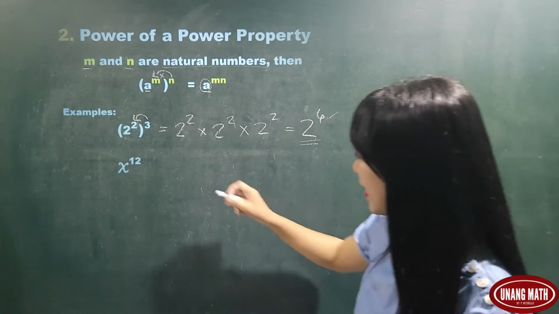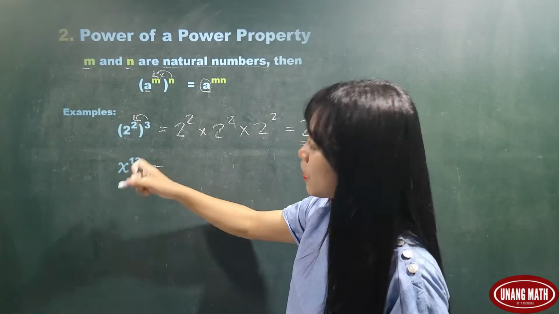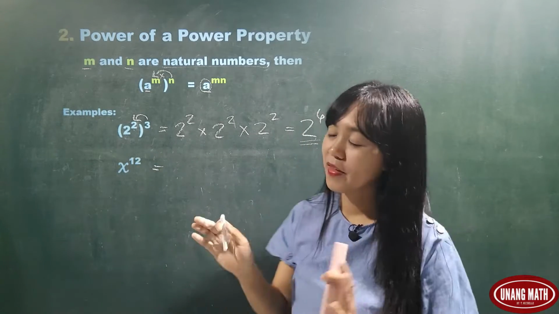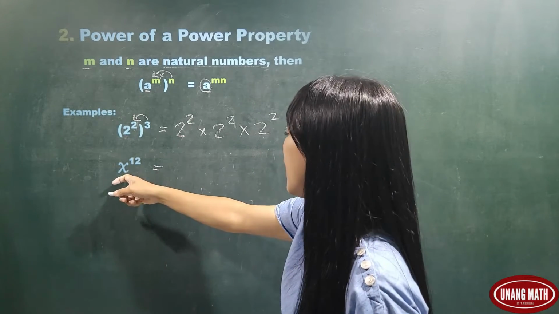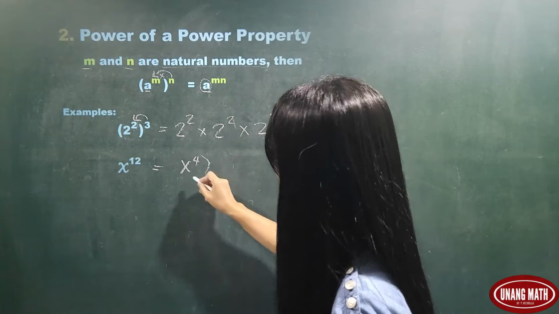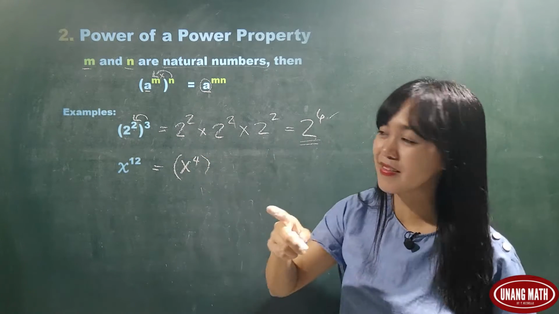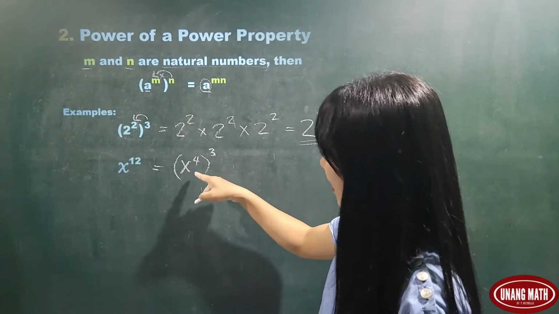Okay, what about this next example? Okay, for x raised to the power of 12, okay, I want you to think that this is equal to x raised to the power of 4, put it inside the parenthesis, and raise it to the power of 3. Okay, why did I say so?